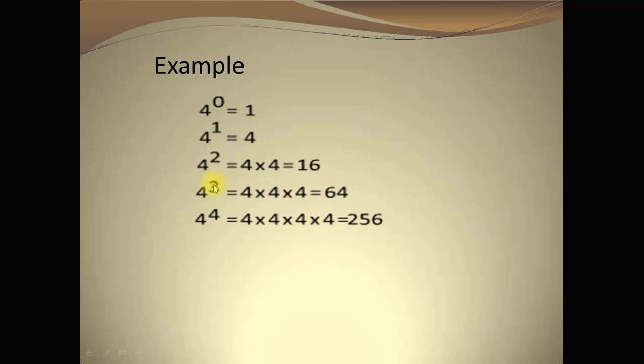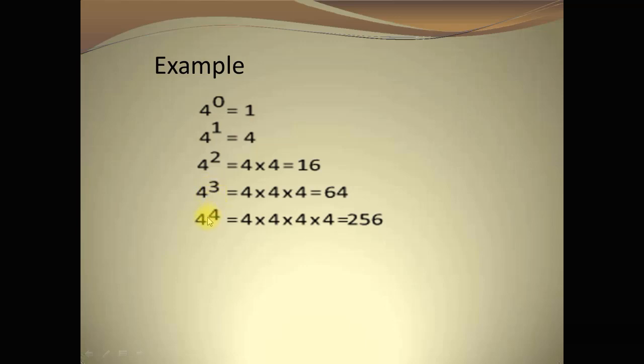Similarly, in this exponential form 4 power 3 means 4 multiplied by 4 multiplied by 4, which is equal to 64. So 64 is the value of this exponential form, and 4 is called the base and 3 is called the power.